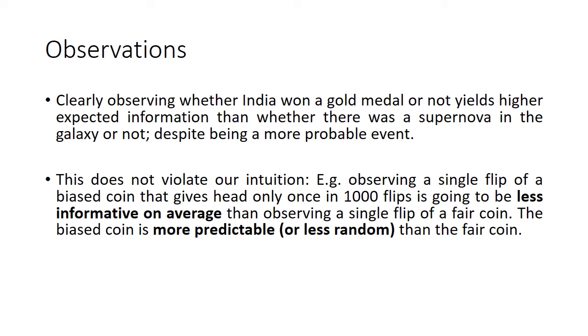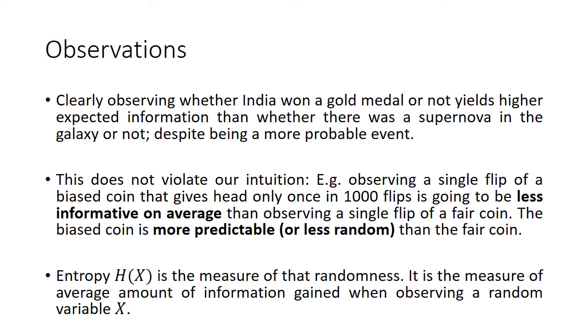So on average you gain very little information by flipping a biased coin, because more often than not it's going to fall into the predictable bucket. Therefore, the entropy of, well, I haven't yet come to the term entropy, but let's talk about the expected information communicated by a biased coin: it is less than the expected information conveyed by the unbiased fair coin.